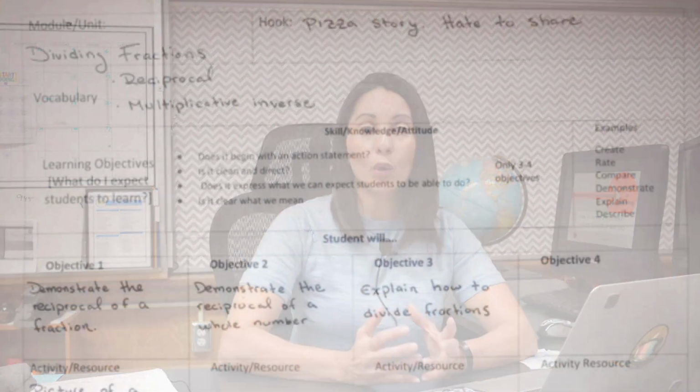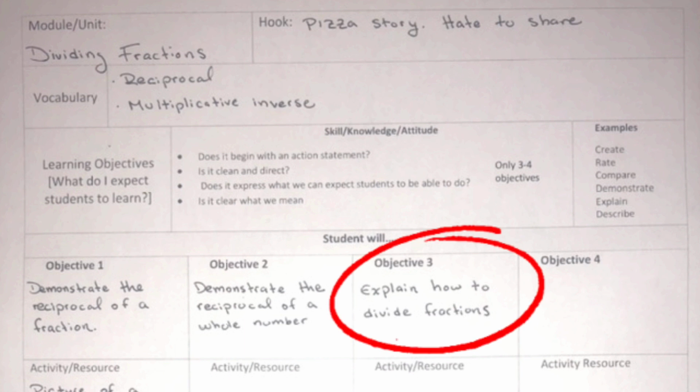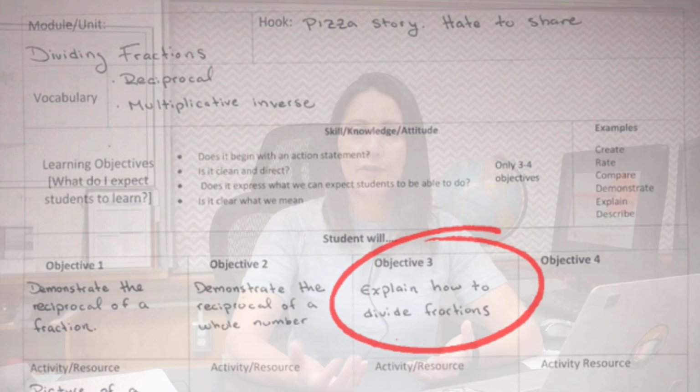So I want to show you an example of the goal that I would have if I was teaching how to divide fractions, right? I would separate it into 3 different goals, and the third final goal, the key concept I want them to take away, is actually being able to divide fractions.